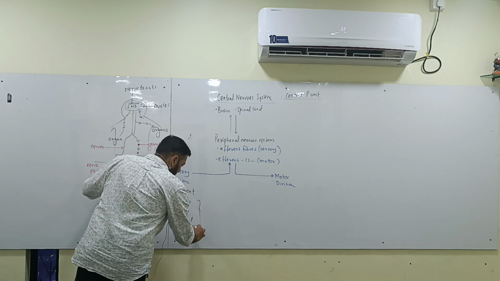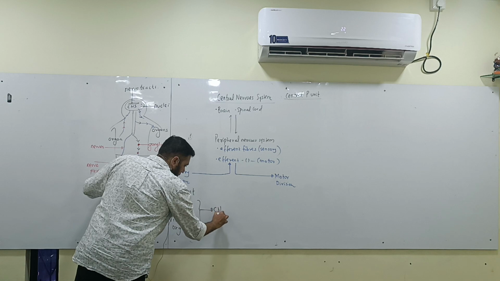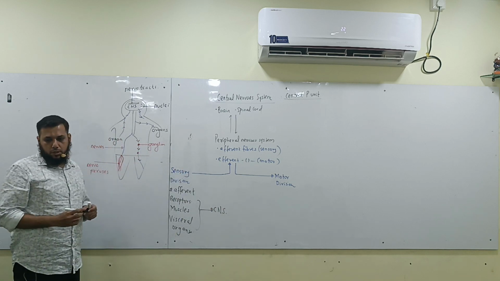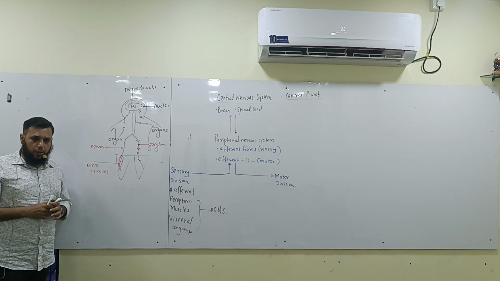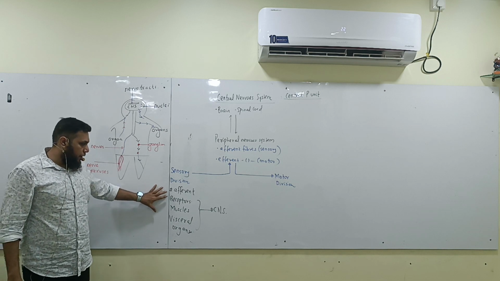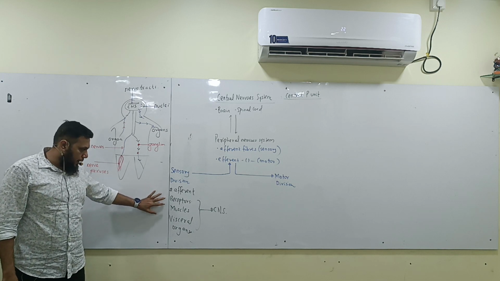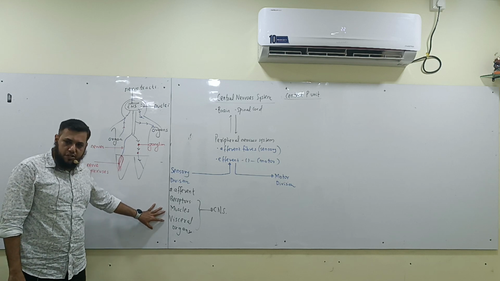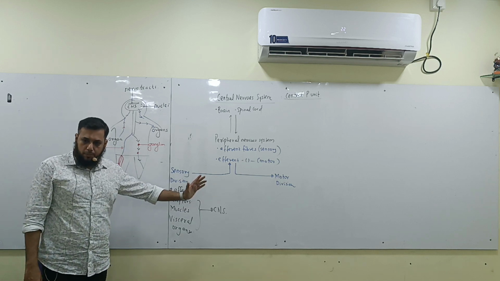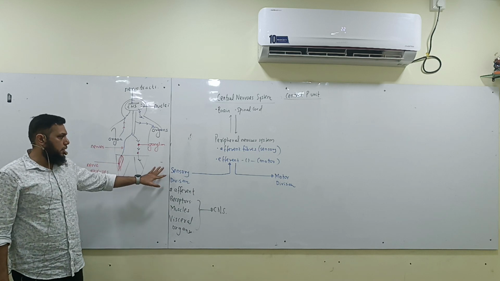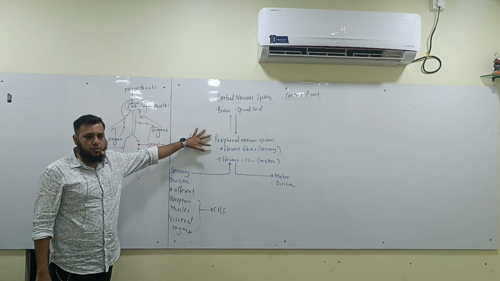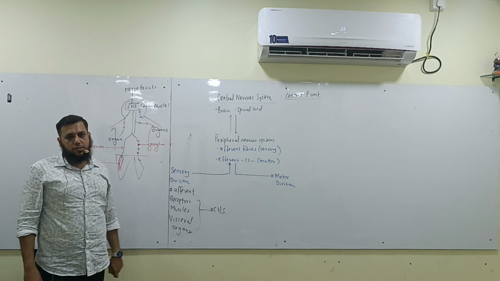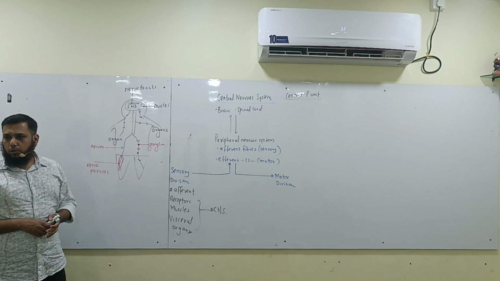From all these parts, the information is taken towards whom? Yes. Okay? So all the afferent fibers that arise and take information from receptors and the muscles and the viscera towards the central nervous system, all that sensory division is a part of which nervous system? Peripheral nervous system.